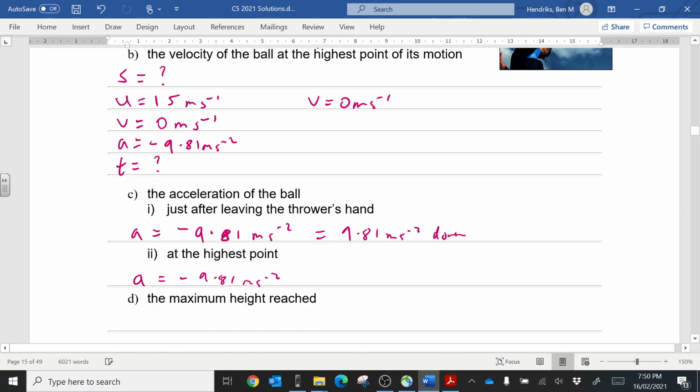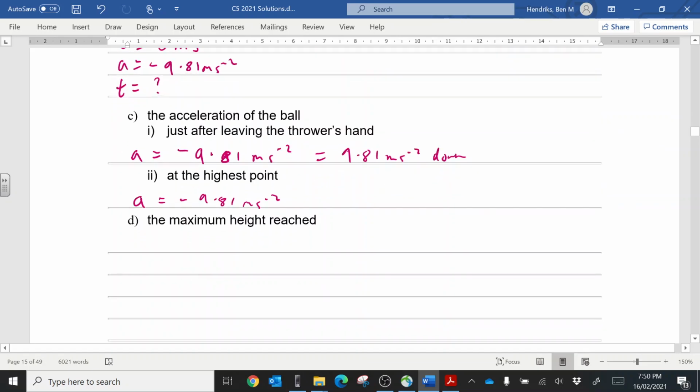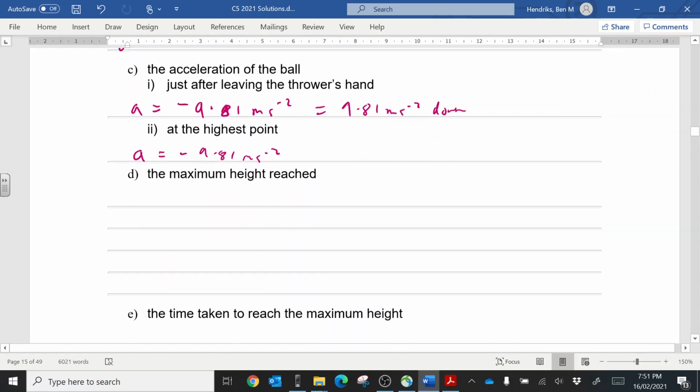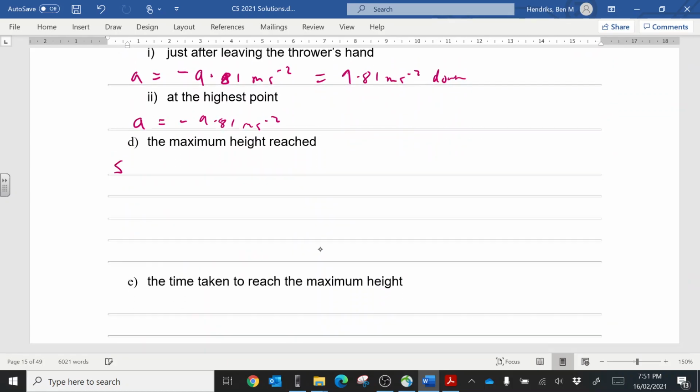Okay. The maximum height reached. Now we actually want our SUVAT, and let's write them down again because we have the space. We don't know what s is. u was equal to 15 meters per second up. v is equal to 0 meters per second. a is equal to negative 9.81 meters per second squared.